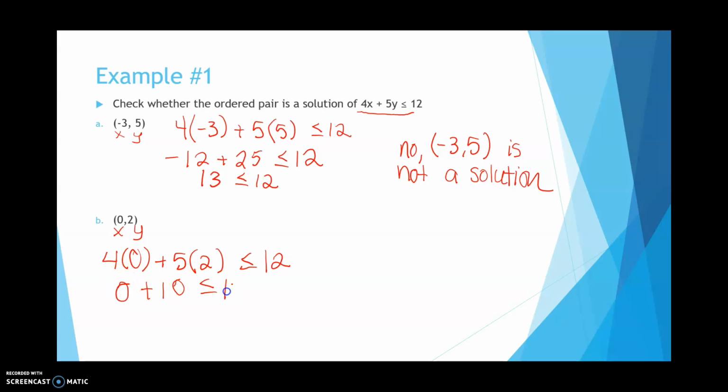Is that less than or equal to 12? Yes, it is. 10 is less than or equal to 12. So we are going to say yes, 0, 2 is a solution. And you're going to see how this is going to help us out later on when we get into these notes when we go about graphing this.